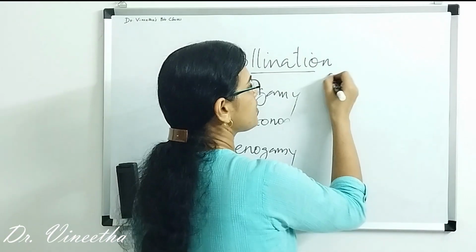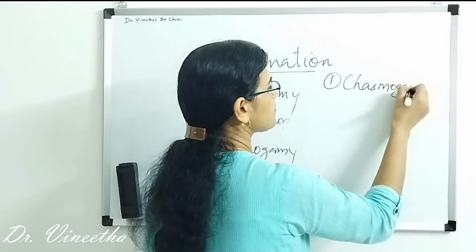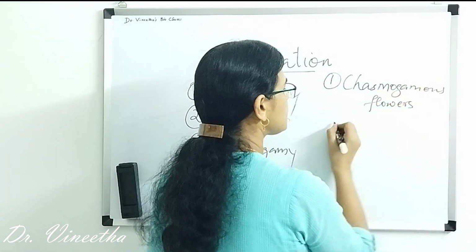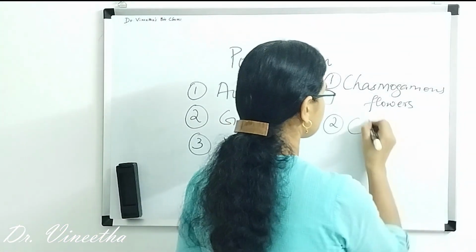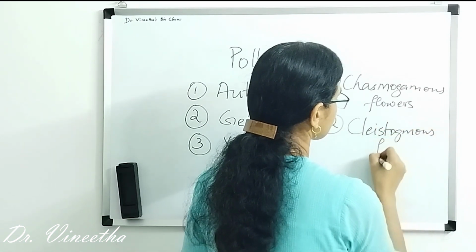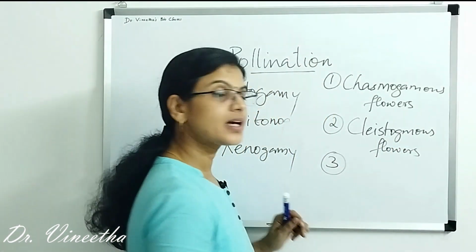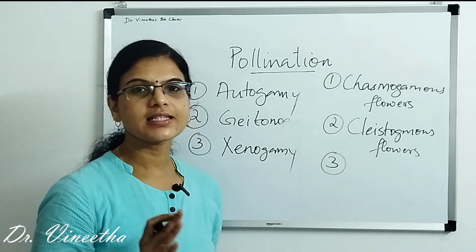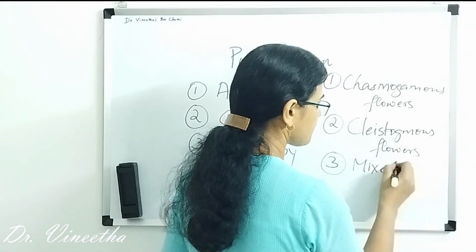First is the Chasmogamous flowers. Second is Cleistogamous flowers. And third is a mixed breeding system, that is both Chasmogamous and Cleistogamous flowers.